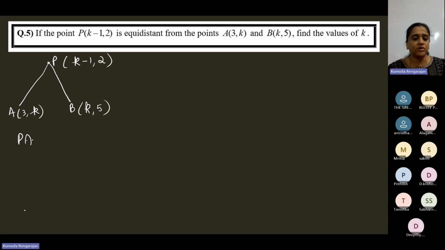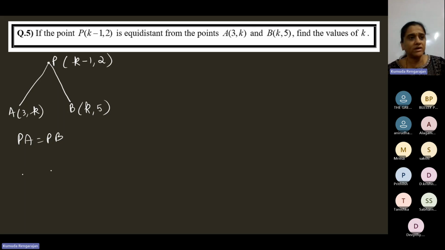PA is equal to PB, right? Take it that when it is equidistant, it's not midpoint. So PA is equal to PB.